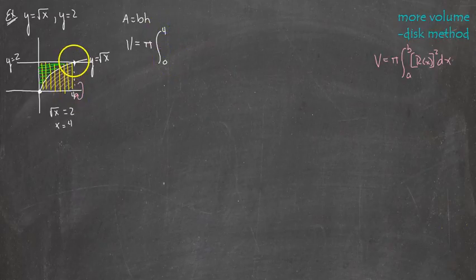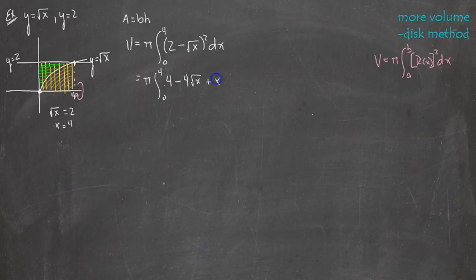My radius function is a combination, right? So my radius function is my big function, 2, minus my little function, root x, squared dx. And now it's just a bunch of calculations. Pi, integral 0 to 4, 4 minus 4 root x plus x dx.